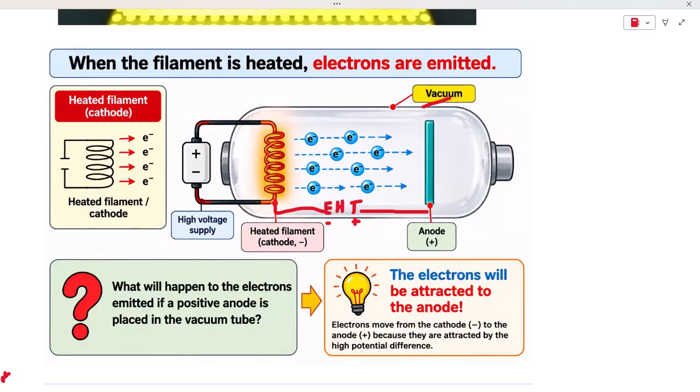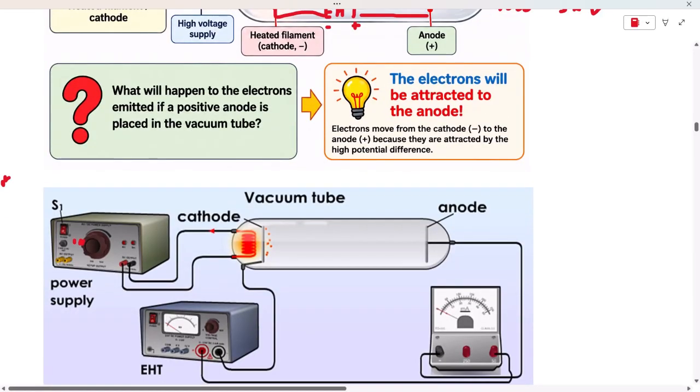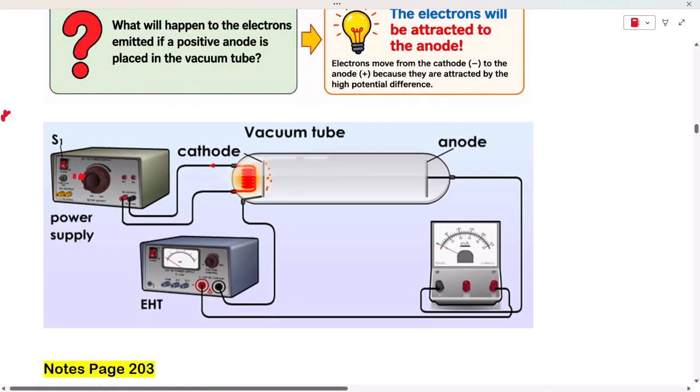They are not just moved, they are accelerated, because it is a very high power supply, a high potential difference, normally 1000 to 5k volts. So electrons move from the cathode to the anode because they are attracted by the high potential difference.